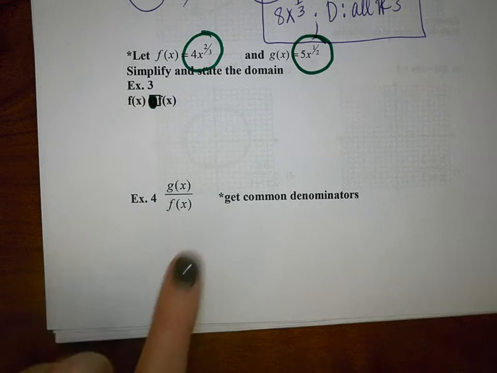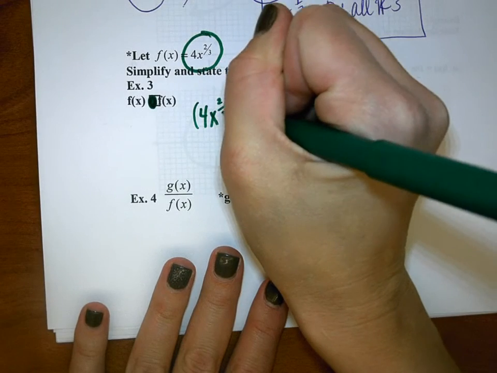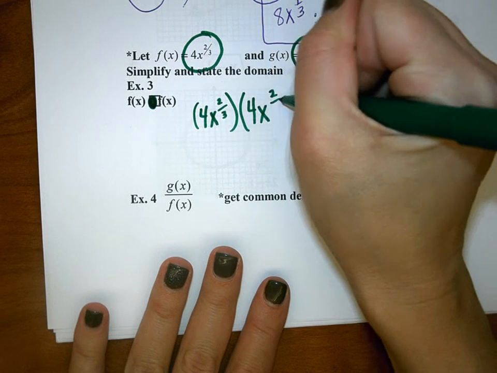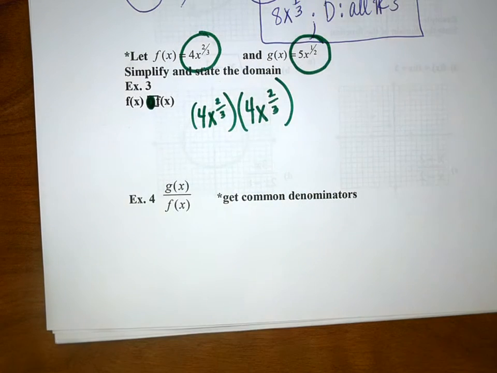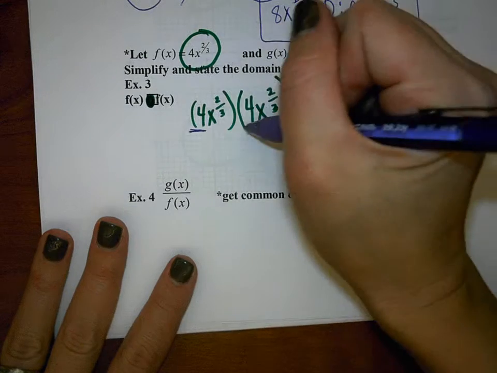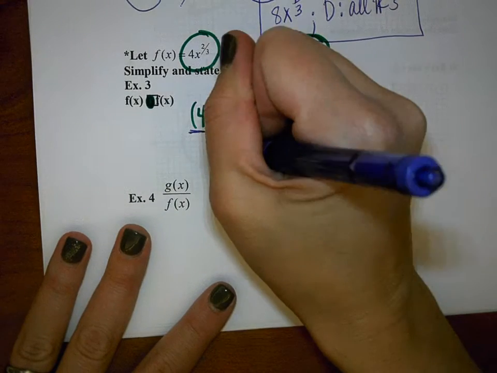So for f of x, that means I'm writing 4x to the 2/3 power times 4x to the 2/3 power. When you are multiplying, numbers and numbers multiply. So 4 times 4 is 16.